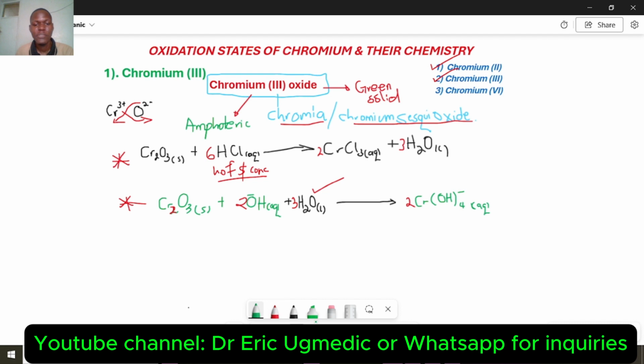So before we proceed to the ways of preparing, I can also give you another way how the hydroxide reacts without introducing this water, which may be even easier for you. So if I had my chromium 3 oxide, I have my chromium 3 oxide, and then I have my hydroxide. Remember the different ways of writing the chromite? We had another way.